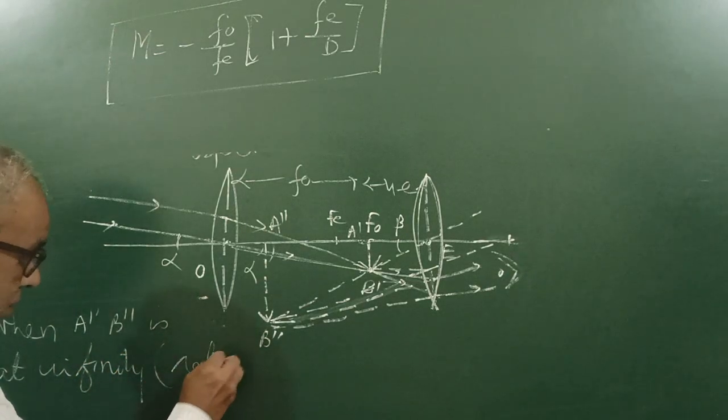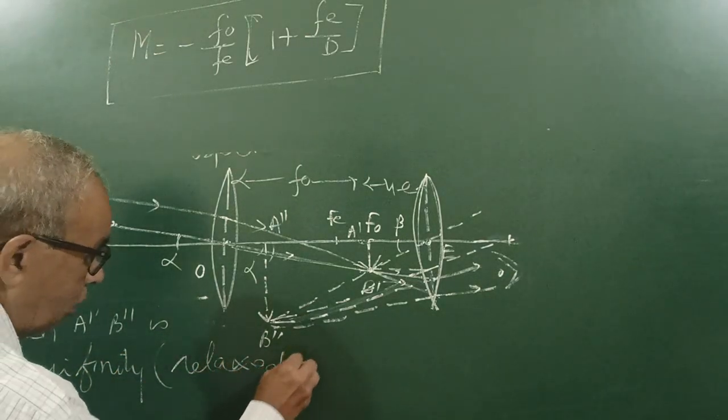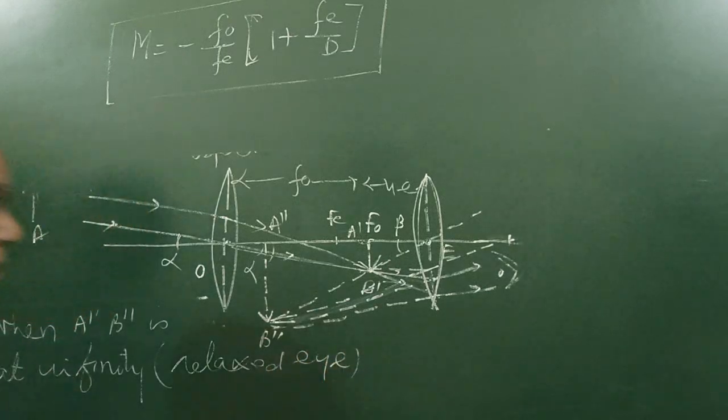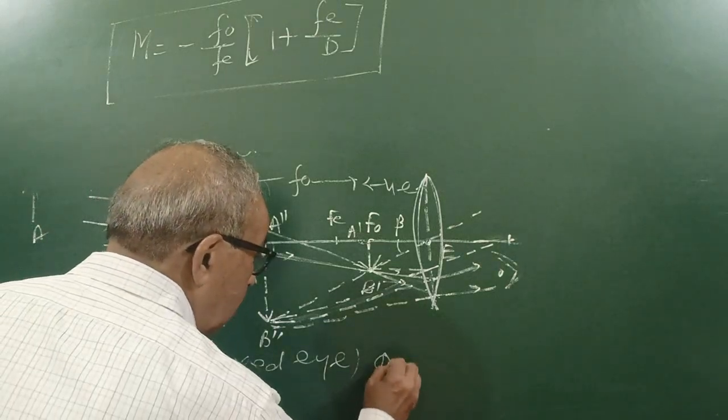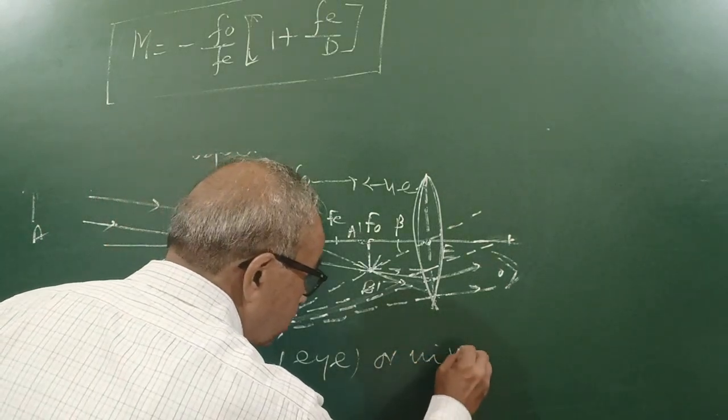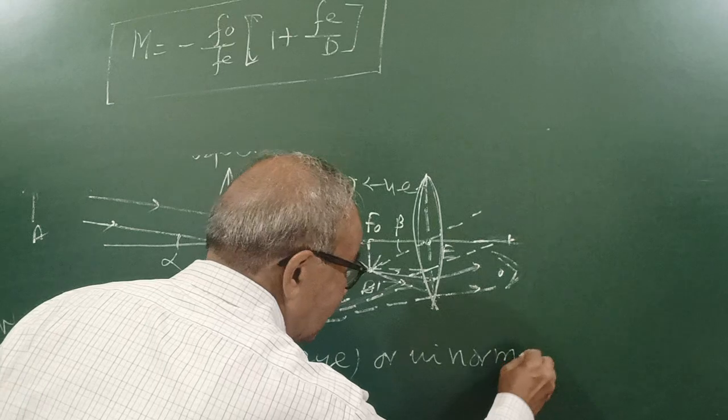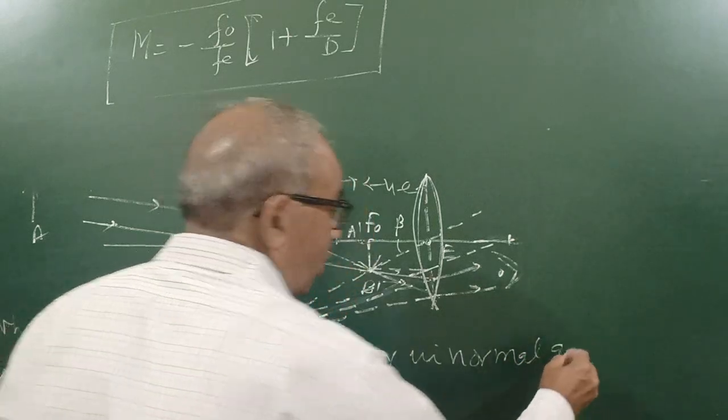Relaxed eye. I told you, for an object at infinity, the eye remains relaxed, no stress will take place, there is nothing to adjust in the focal length. This is also called normal adjustment.